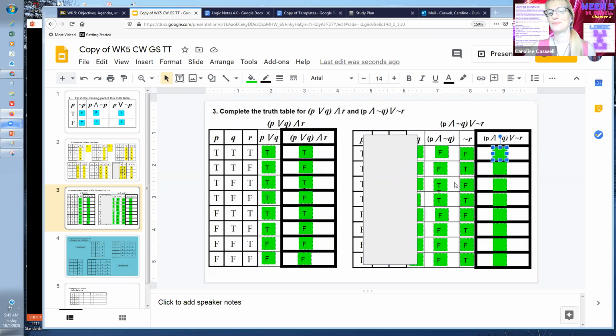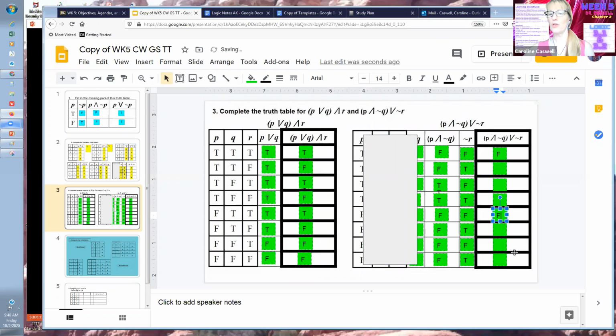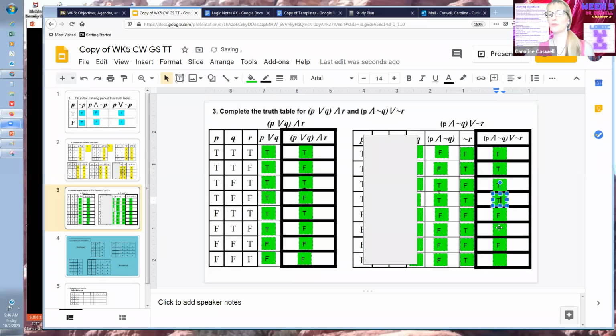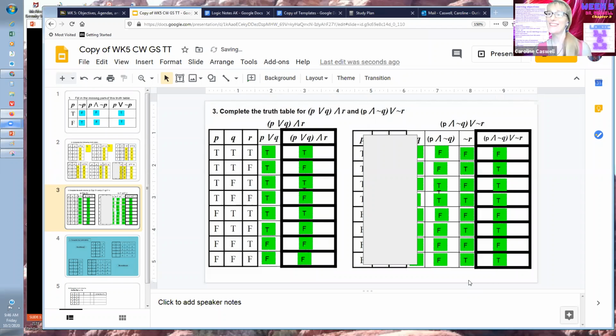Let's do it that way. False, false, false, false. So this first one is false. Almost to the bottom is false. What do we know about every other thing? True. So hopefully you have false, true, true, true, false, true, false, true. Again, this is not a tautology because they're not all trues at the end.